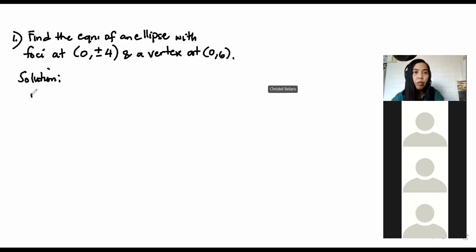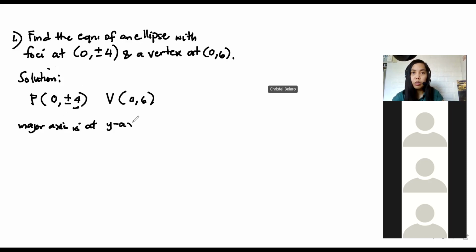All right, so here the given foci are at (0, ±4), and a vertex is at (0, 6). As you've noticed, class, the foci are on the y-axis. That means the major axis is on the y-axis, where the vertices are.